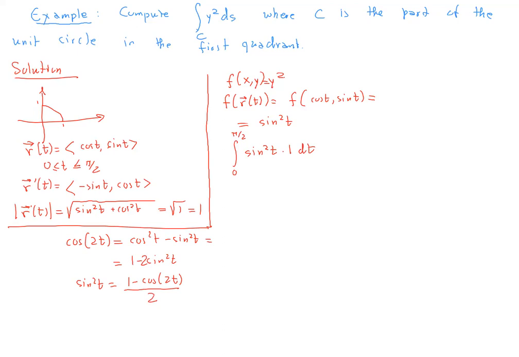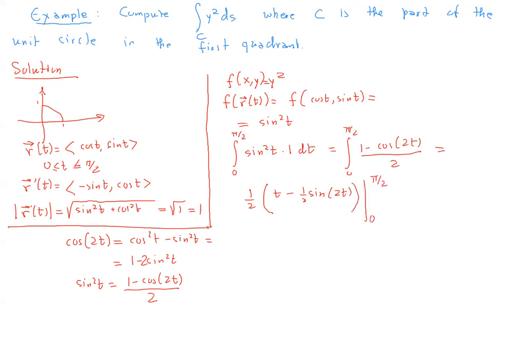So this is going to be the integral from 0 to pi over 2 of 1 minus cosine of 2t over 2, which can be thought of as 1/2, and the antiderivative is going to be t minus 1/2 of sine of 2t. And we want to go from 0 to pi over 2.